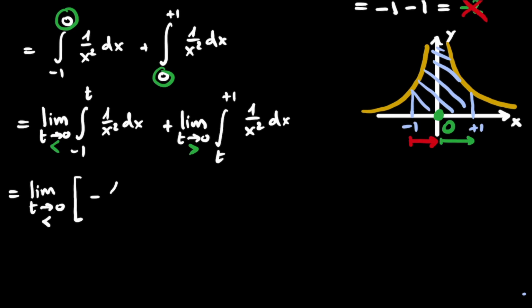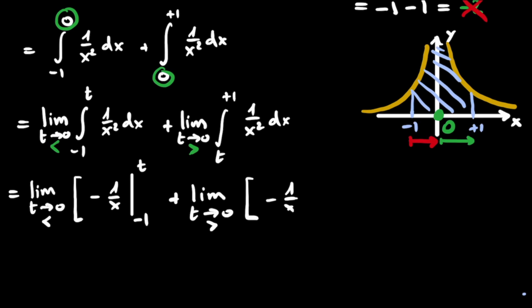So we get -1 over x filled in the boundaries. In this case, that would be -1 to t, plus something very similar for the second integral, again, the limit from t going to 0 from above this time, of the following. Again, we have -1 over x, now filled in these boundaries, namely t for the lower boundary and +1 for the upper boundary. This means that we get, again, the limit from t going to 0 from below of the following.